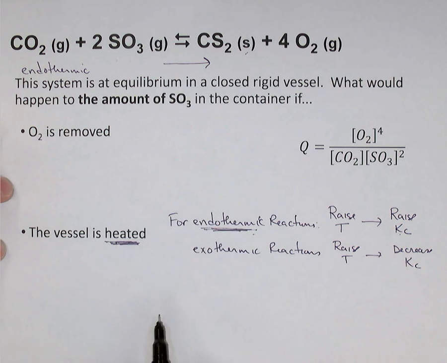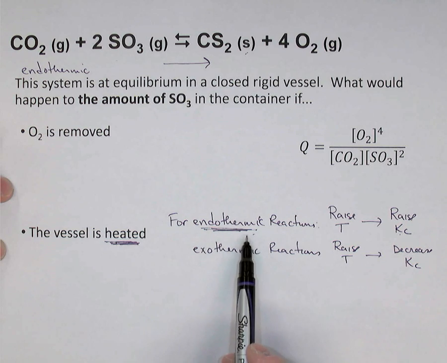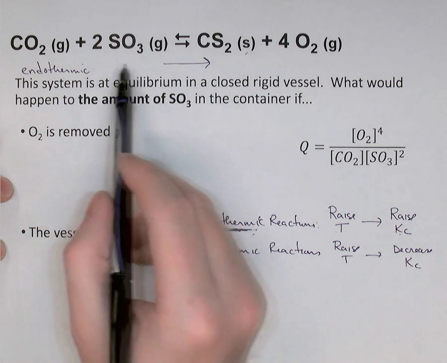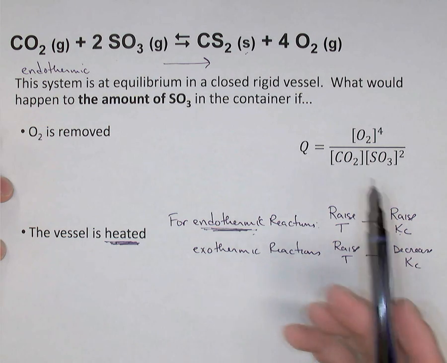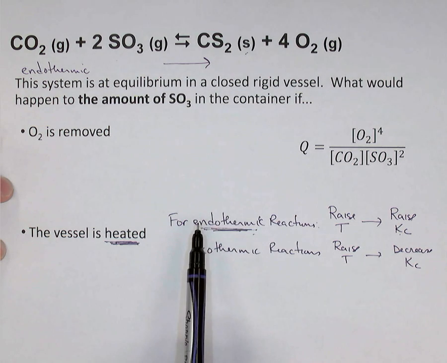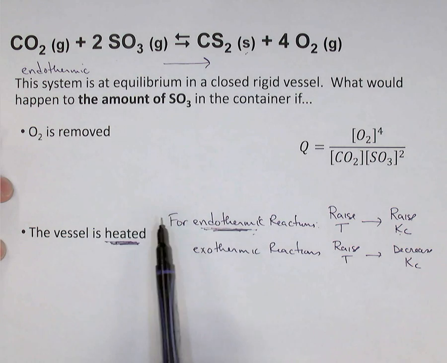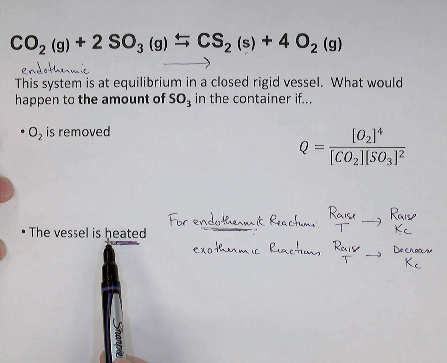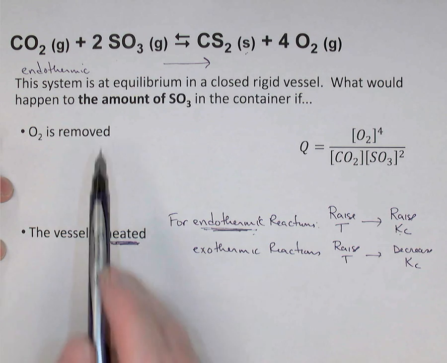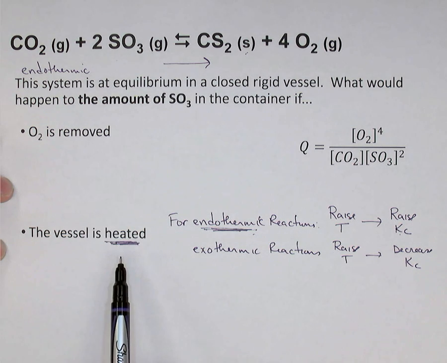You should say that. However, the endothermic direction, in this case the forward direction, will increase its rate more than the exothermic direction. So basically the forward rate increases more than the reverse rate. Therefore, there'll be a forward shift in equilibrium and we end up with less SO3.